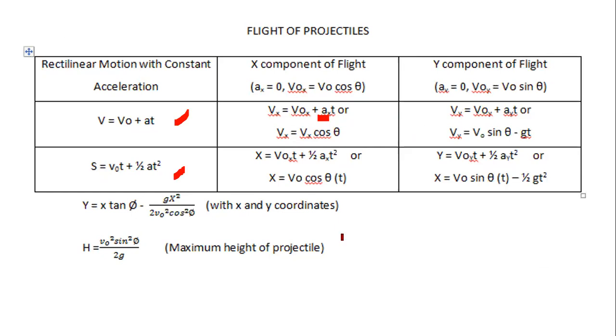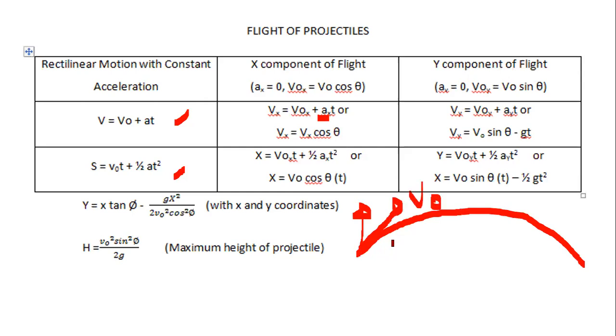Okay, so if you have this projectile, here is your velocity, for example, V0. This one is your V0X, or the horizontal component of this V0, and this one is V0Y. For V0Y, there is the presence of the gravitational acceleration. Obviously, G here will stand for the acceleration, which is negative.